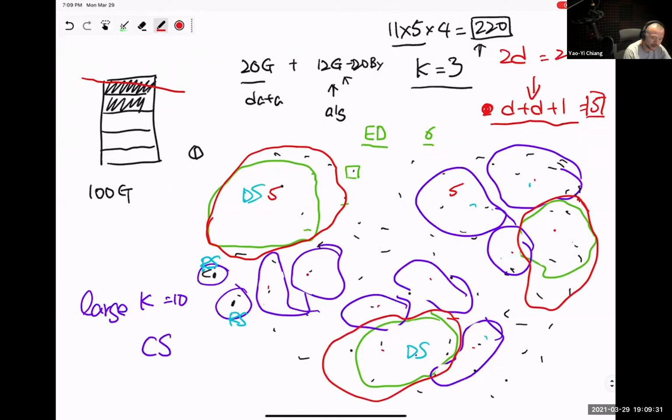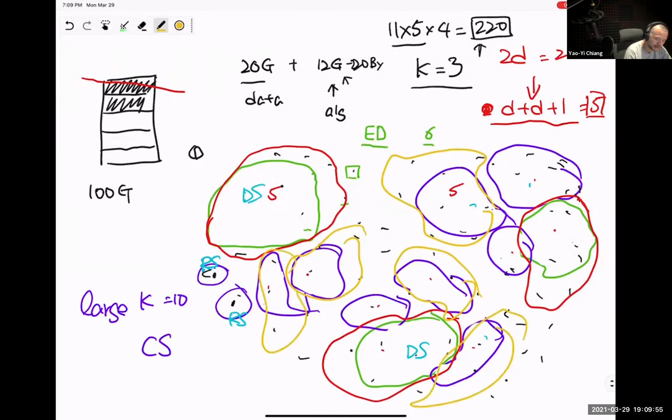Then you can also test the remaining data points, say here. This one is not close to any DS, but it might be close to a CS, like here, right? So this is your new CS for this one, new CS, and new CS, and new CS.